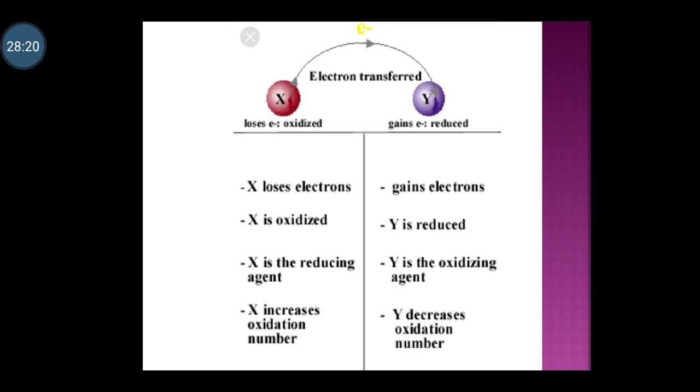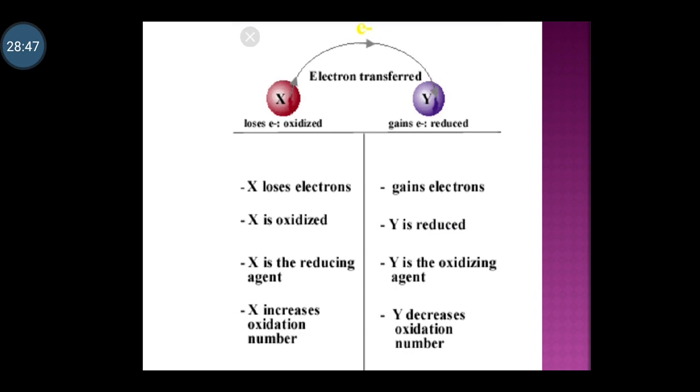Take note from what I explained to you. Now X loses electrons here, Y gains electrons. X is oxidized because it's losing electrons, Y is reduced because it's gaining. I had explained what it means to be reduced when you're gaining. X is the reducing agent because it's the one losing electrons.